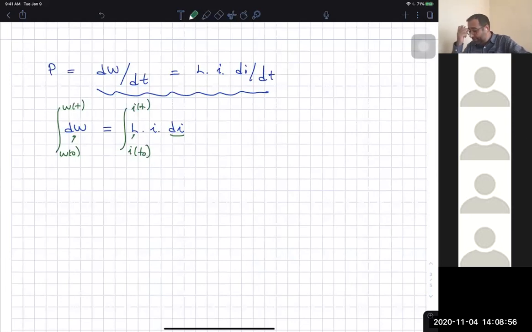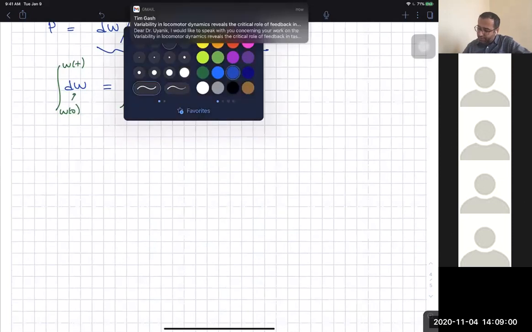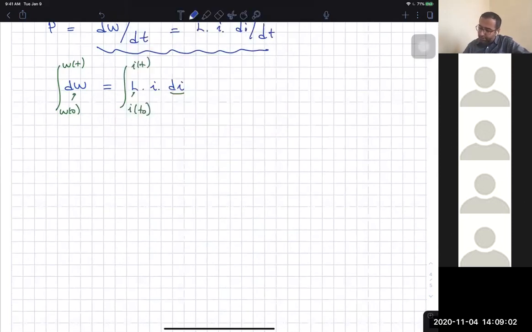Is there any problem? But again, just not to confuse ourselves, I will be changing these parameters inside these integrals so that I can get rid of this. But also, I think just for clarity, we will be saying assume, so let's say let I t0 equal 0.